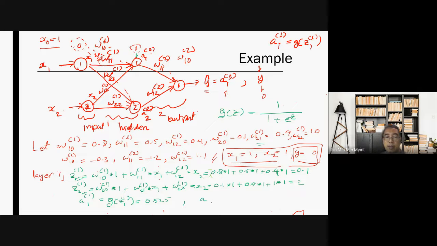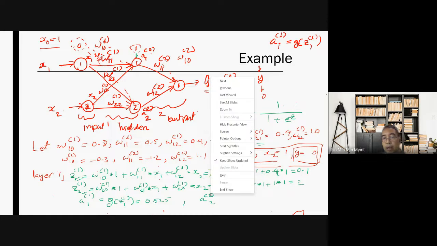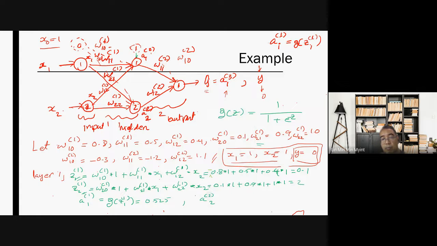And for A21, the output from here, we substitute the 2 in the same function and you will get 0.808.